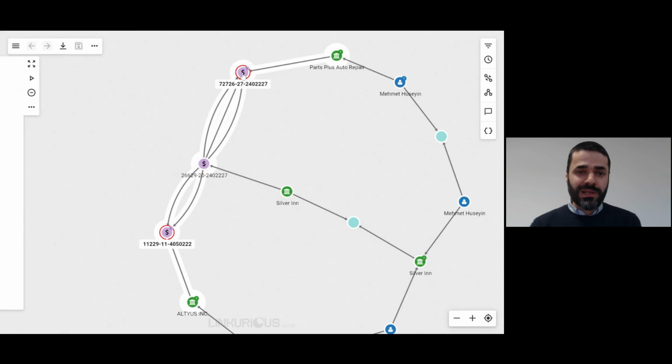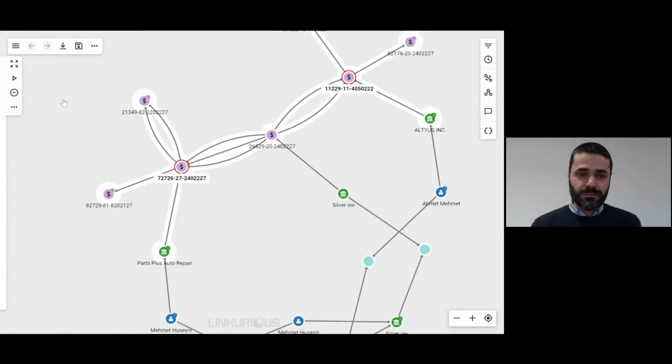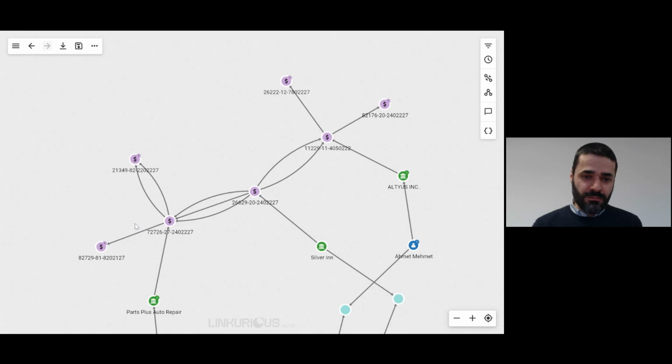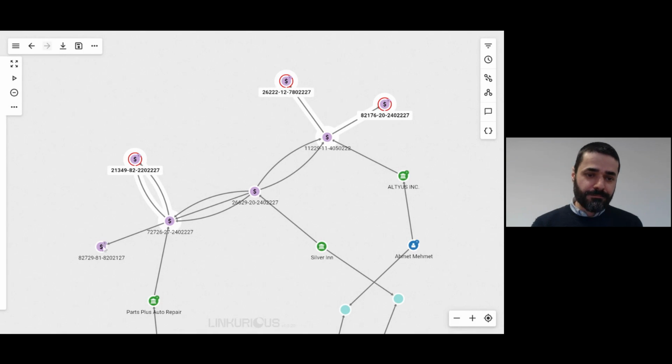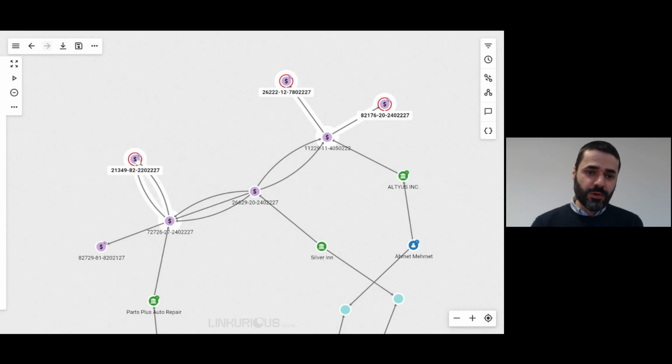So I can click on these two bank accounts, see what they are connected to. They are connected to some extra bank accounts. They are sending money to this bank account, this bank account, this bank account, and this bank account. So let's learn more about that. I'm going to go ahead and select these four bank accounts.